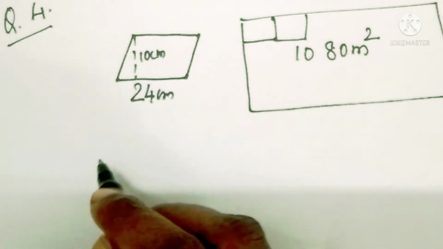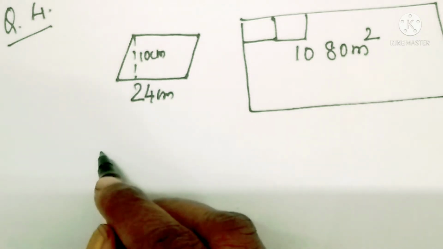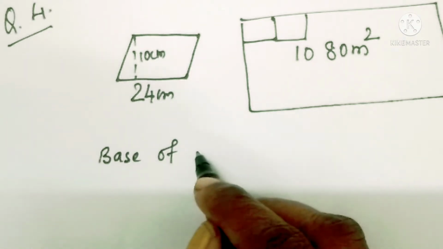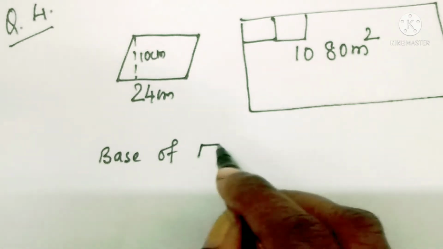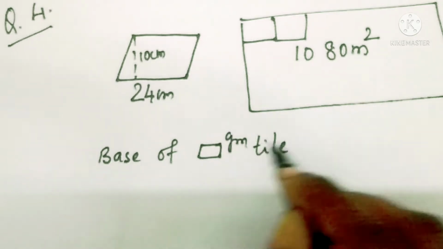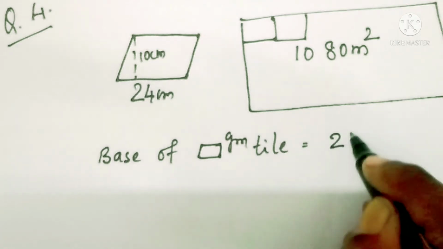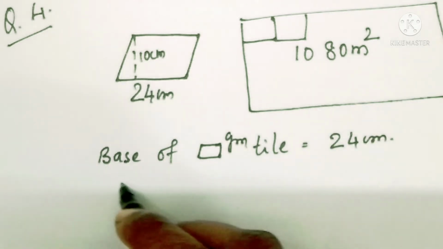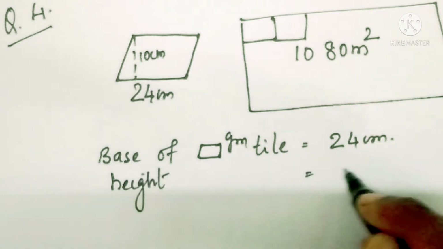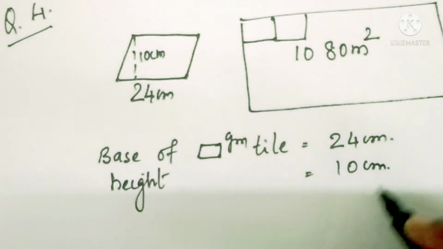So how to find the area of one tile? The base of the tile, the parallelogram tile, is 24 centimeter and its height is 10 centimeter. Now what is the area of a parallelogram?